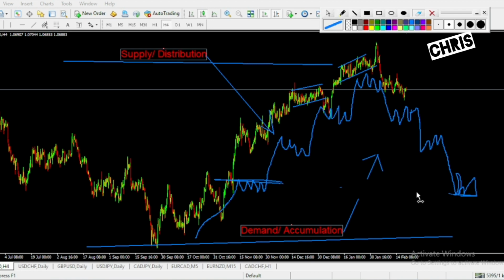Okay, as we were saying, you can see the areas. This is an area of distribution, that is demand, accumulation, another accumulation, another accumulation. Once you reach here, there is a distribution.